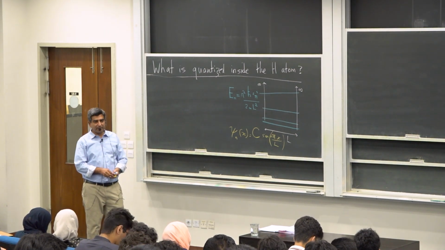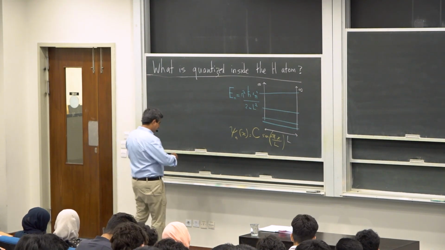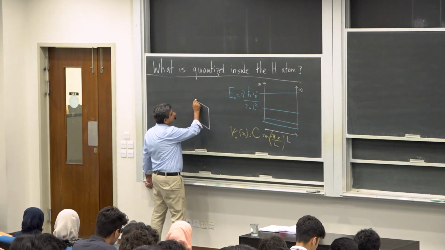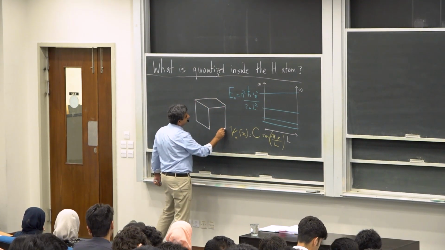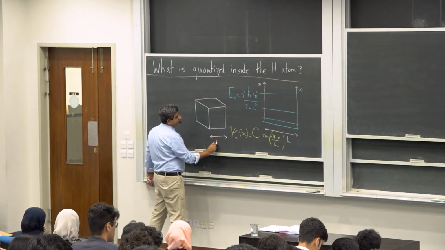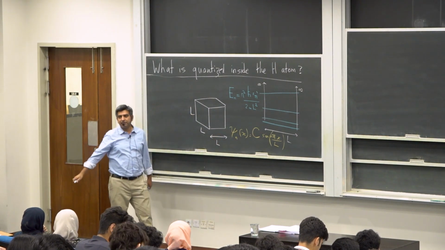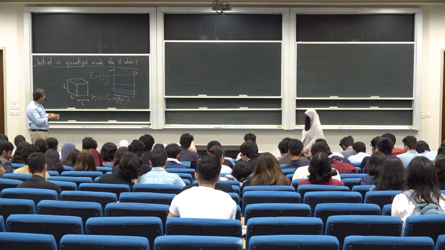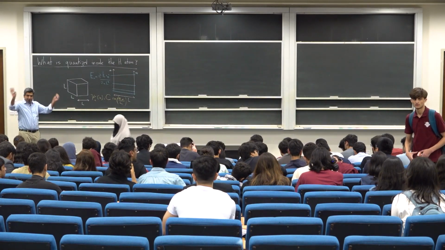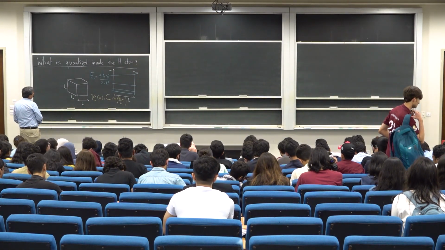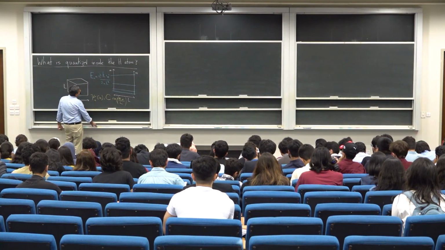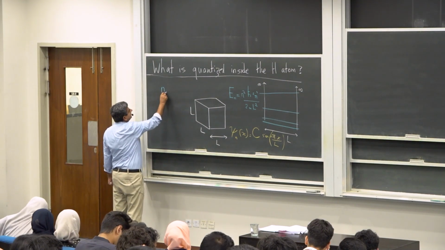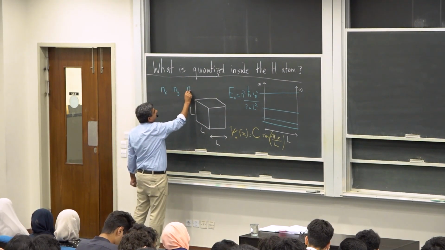What about a 3D infinite well? It will have three quantum numbers. So if I were to draw a 3D quantum well shaped as a cube of length L, width L, height L, and the electron or proton or neutron or whatever particle we're dealing with is trapped inside this infinite well and the potential is infinite outside, then we will identify the energy, which is quantized, by three quantum numbers, nx, ny, and nz.